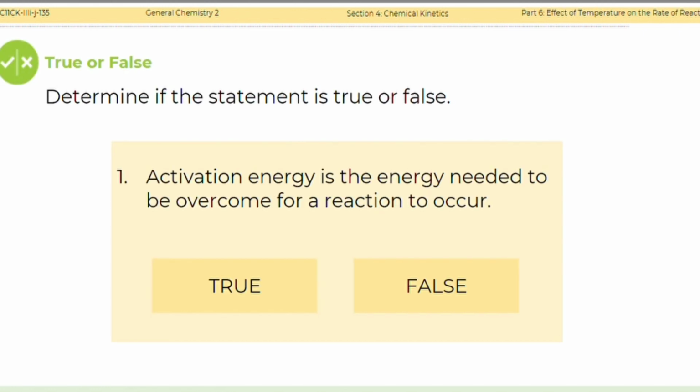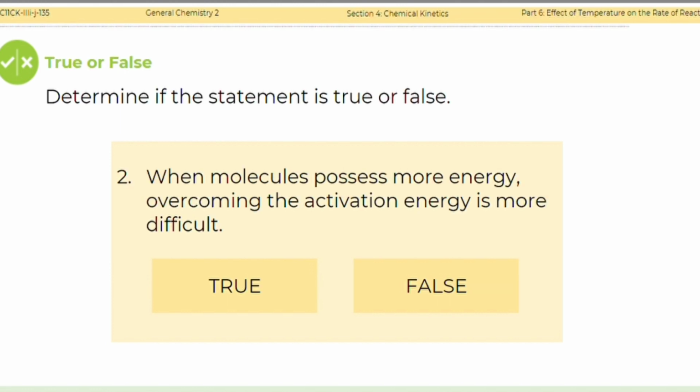Determine if the statement is true or false. Number 1. Activation energy is the energy needed to be overcome for a reaction to occur. Determine if the statement is true or false. Number 2.